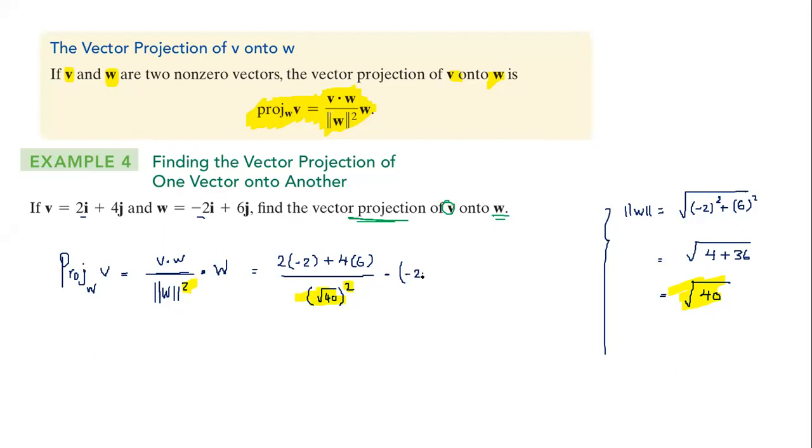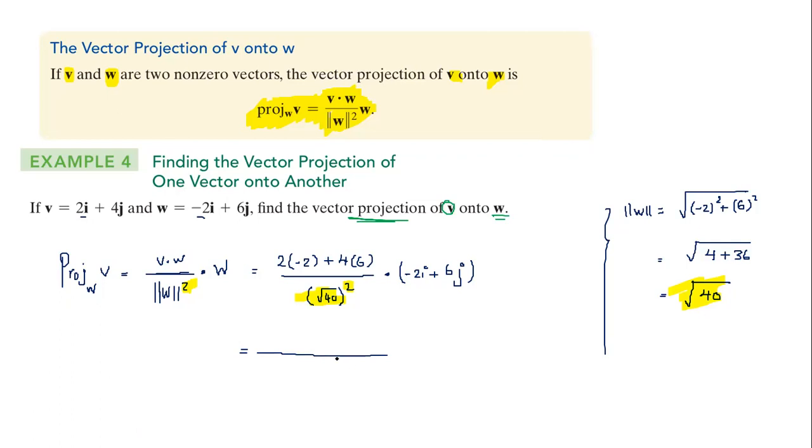Negative 2i plus 6j. If it were the opposite, projection of W onto V, you would multiply by V. So in the numerator, 20.